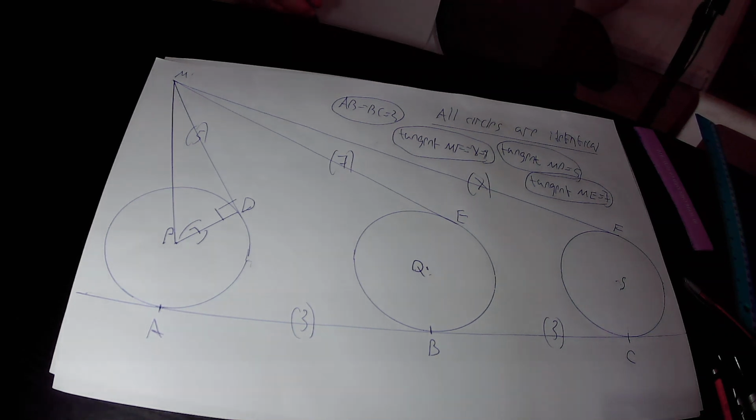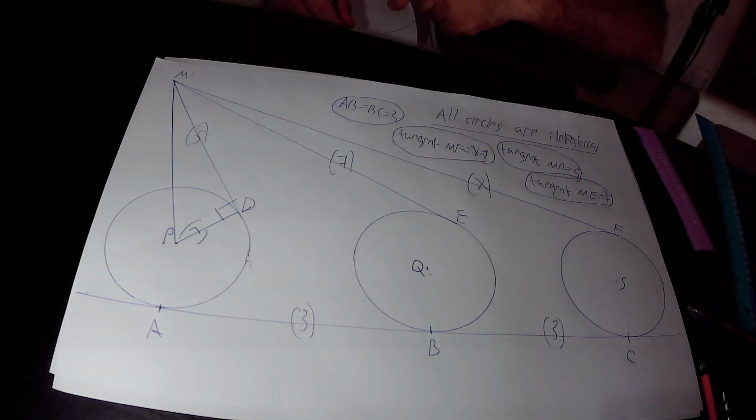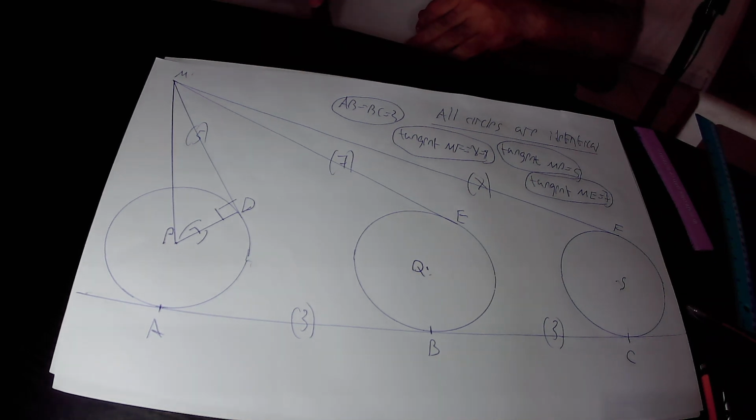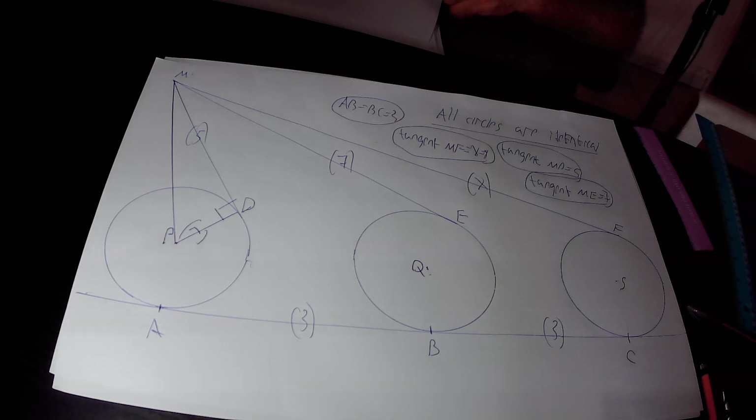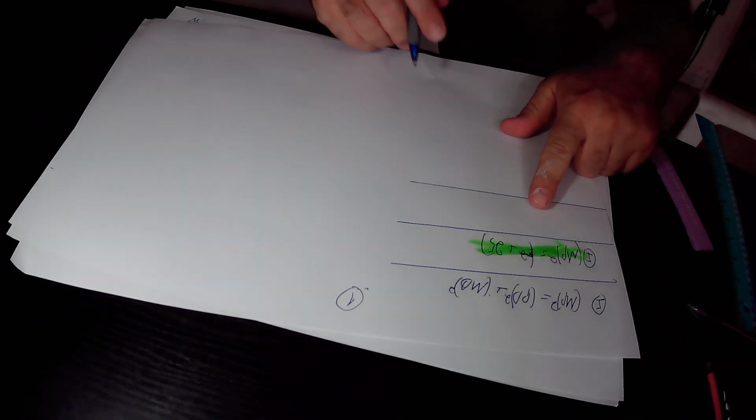PD is R, therefore PD squared is R squared, plus MD squared. MD is 5, therefore MD squared equals 5 squared, that is 25. So in total, according to equation 1, we found that MP squared equals R squared plus 25.